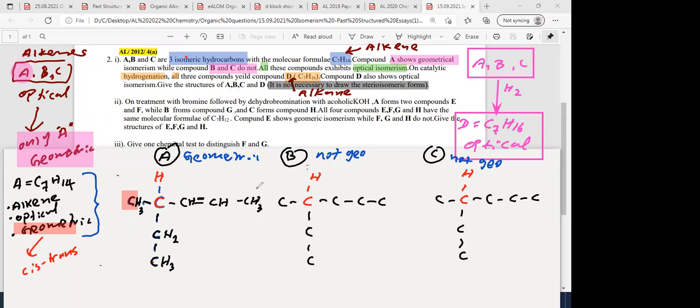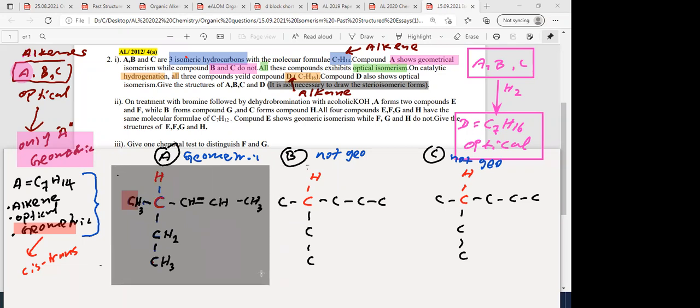How many of you got this structure? Please raise the hand. Before I explain, those who got this structure A like this, please raise the hand. None of you? Who got the structure for A, geometric and optical active? Did anyone get?